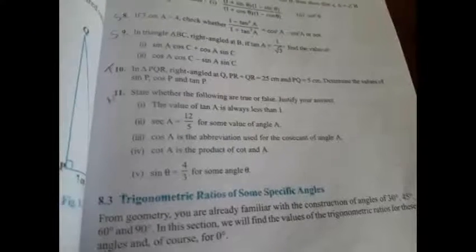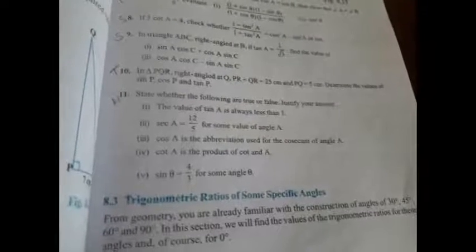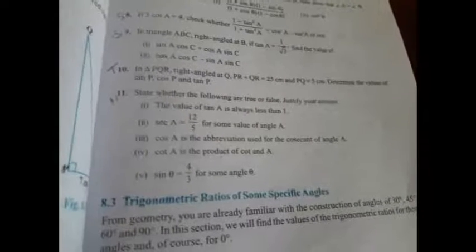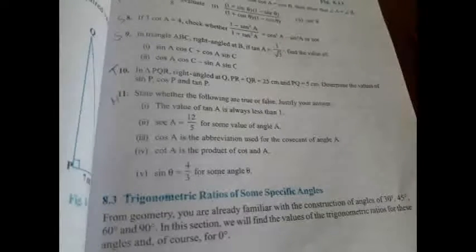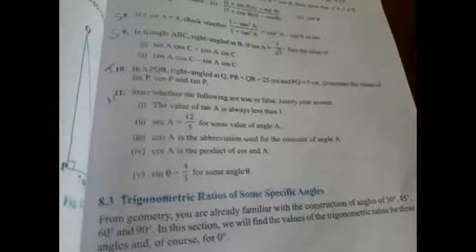And we know in a right triangle, the hypotenuse is the longest side, right? So when we have hypotenuse divided by adjacent, it is the greater number divided by the smaller number. When the numerator is greater than the denominator, obviously we will have a value greater than 1. So secant A is always greater than 1, and hence secant A can be 12 by 5 for some value of angle A. It is possible.